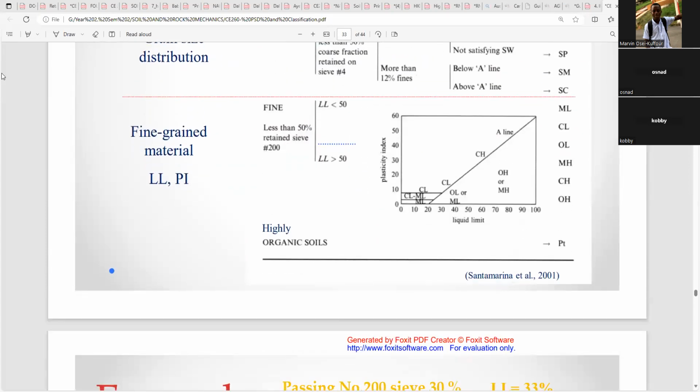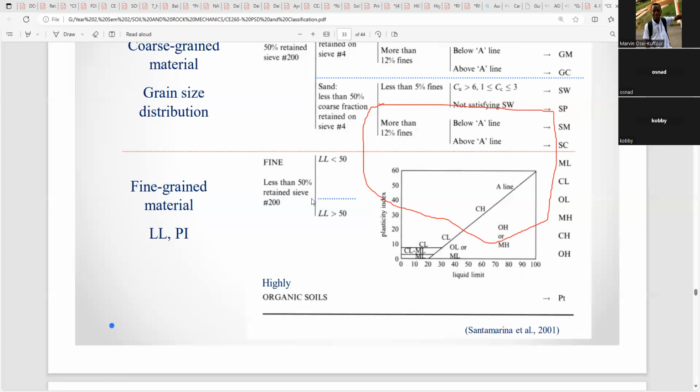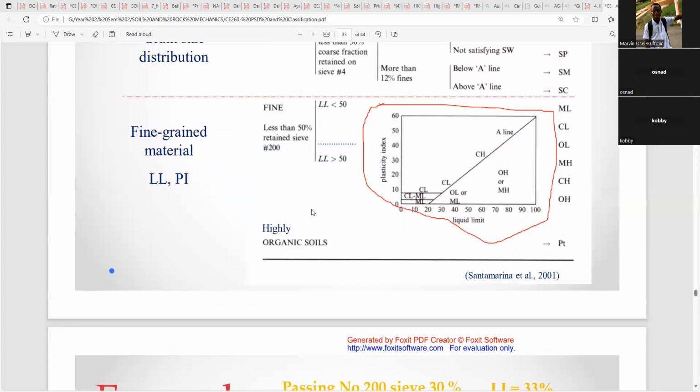So you want to use this chart. So with that, we have to look for the liquid limit and the plasticity index in order to determine whether it is above A line or it is below A line.